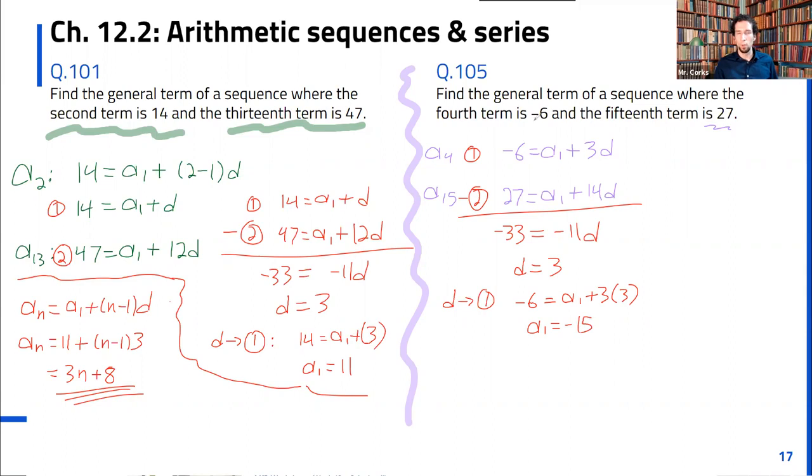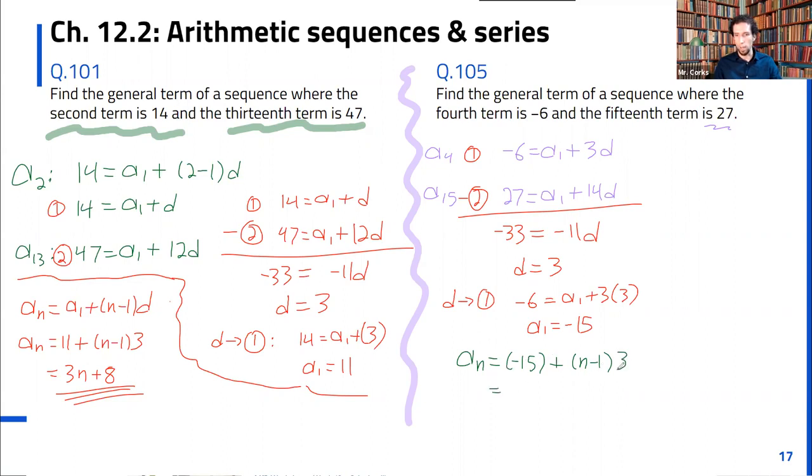Okay, so we want the general term, so the n will stay there. So an is equal to a1, -15, plus n minus 1 times our d value, which is 3.